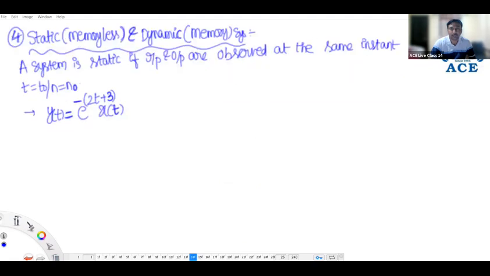Input time and output time are both one and the same, which means static, memoryless.